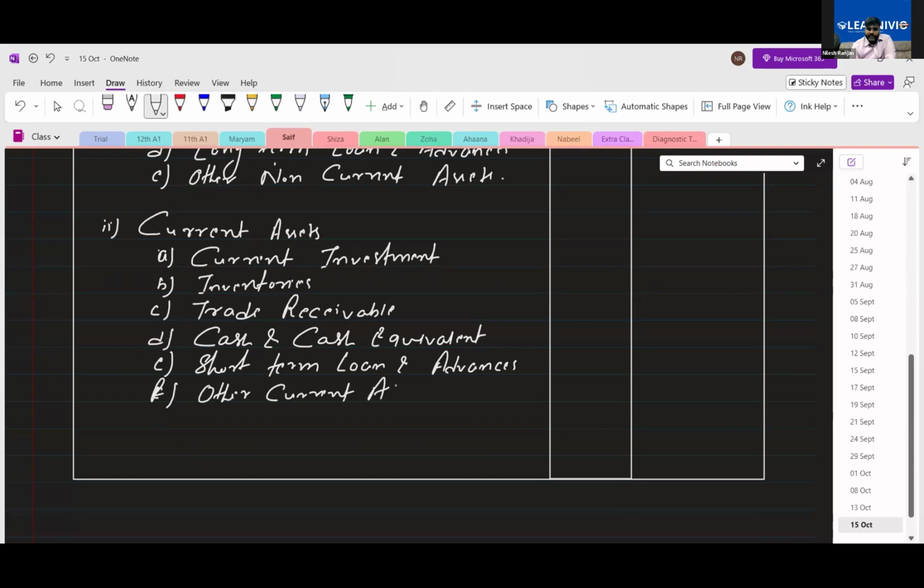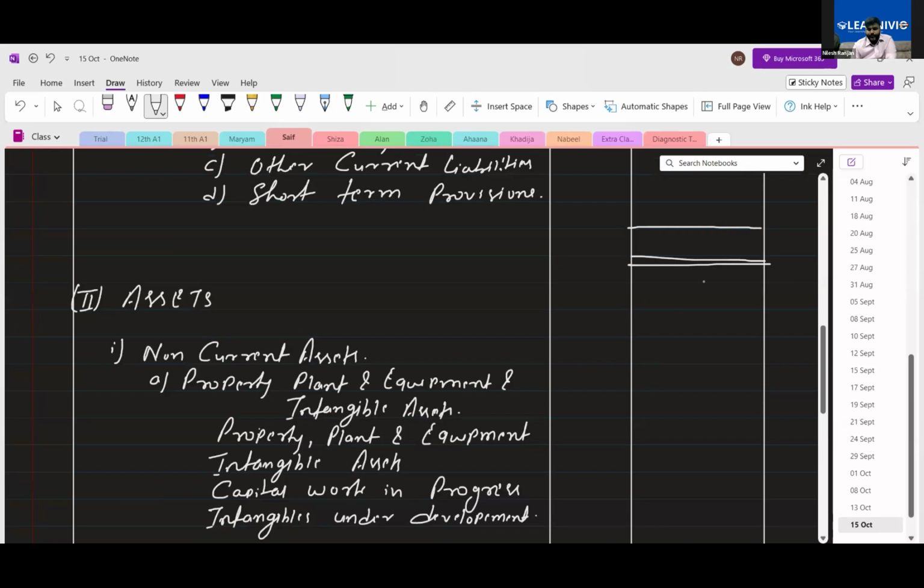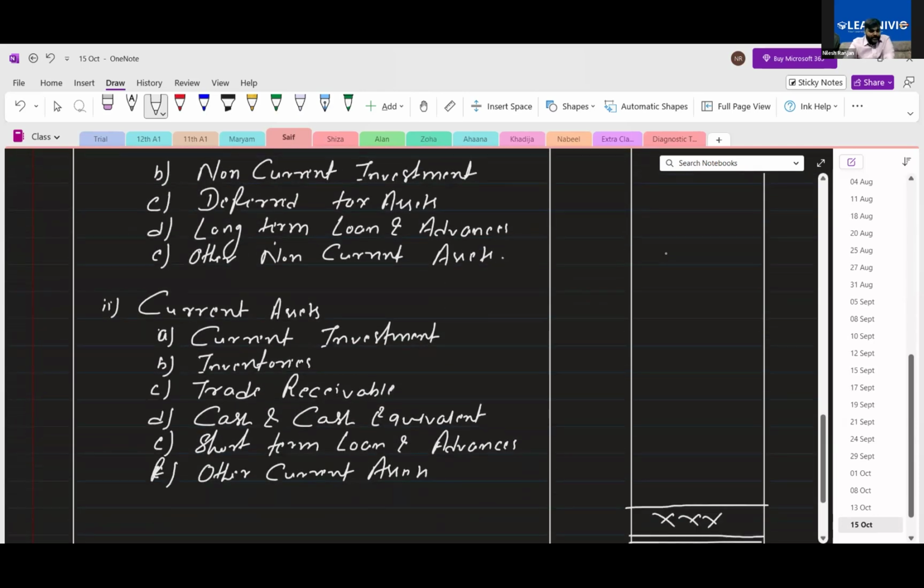After writing all these, we will calculate total, and the total should be the same. Both side totals should be the same, because assets is always equal to total of liabilities and capital. So please write this and then the remaining part.